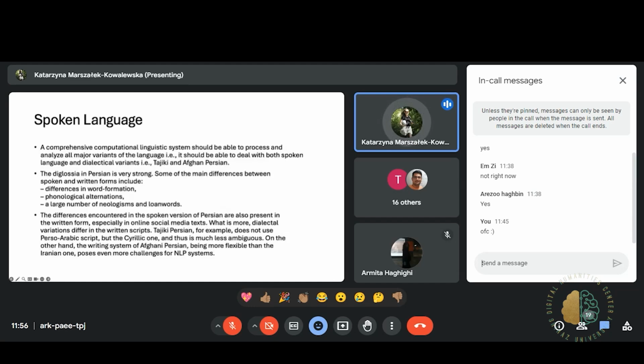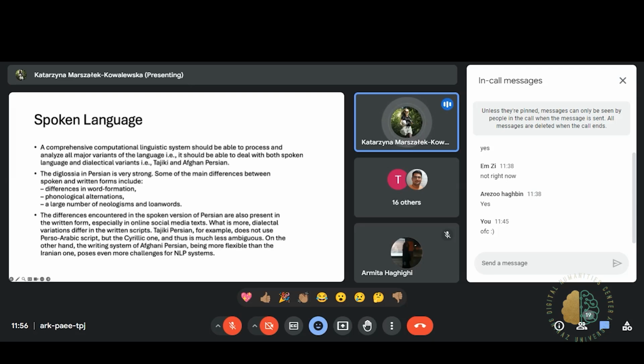And finally, the spoken language. A comprehensive computational linguistic system, an NLP pipeline, should be able to process and analyze all major variants of the language, which means it should be able to deal with both spoken and dialectal variants. In Persian, the diglossia is very strong.